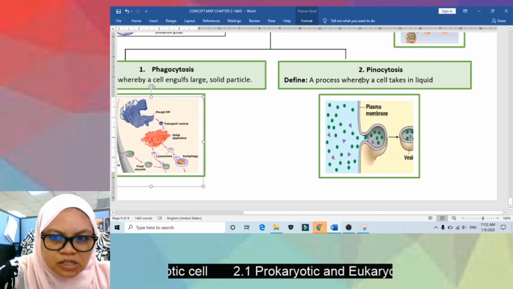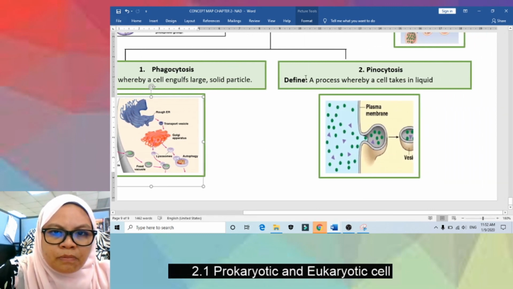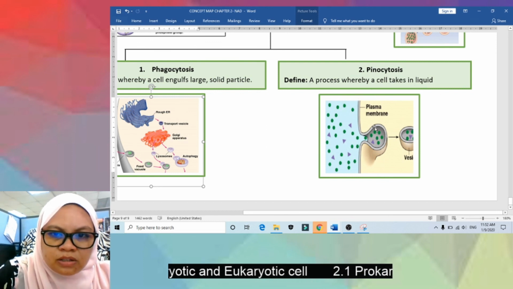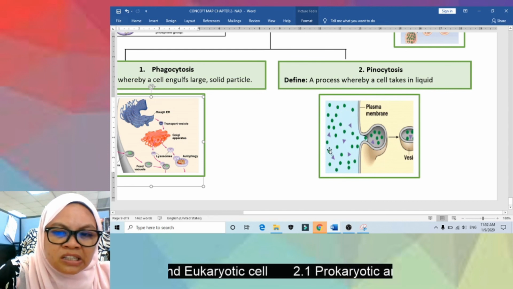During pinocytosis, the process is whereby the cell takes in liquid. So here is referred to as liquid substance.